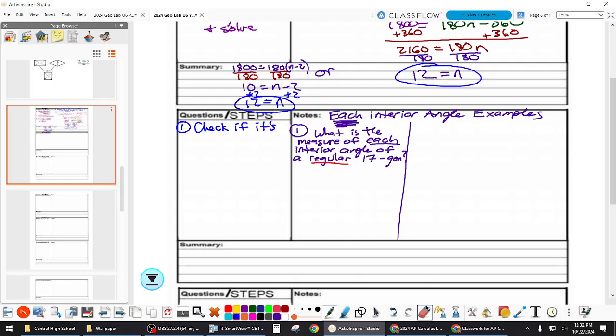I'm going to say it this way, sorry, if you already started writing that. Say, make sure you know it's regular first. Alright, if so, then you're going to start with the formula, right?